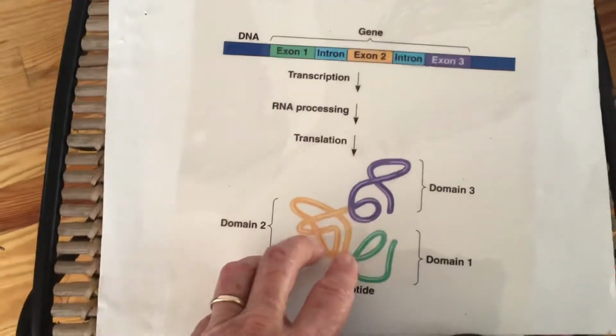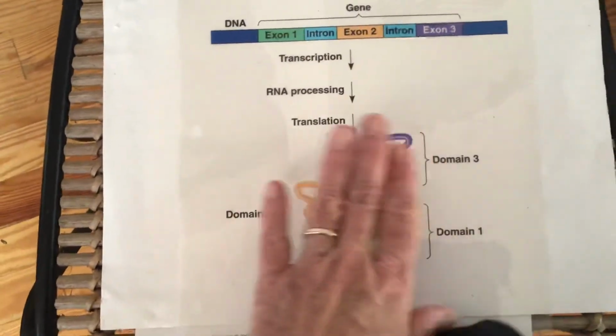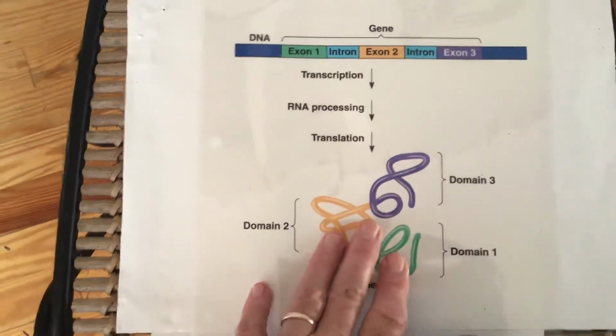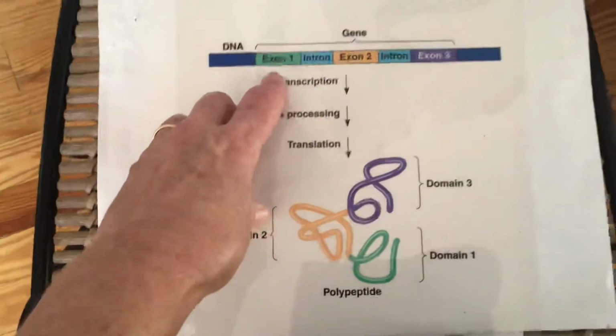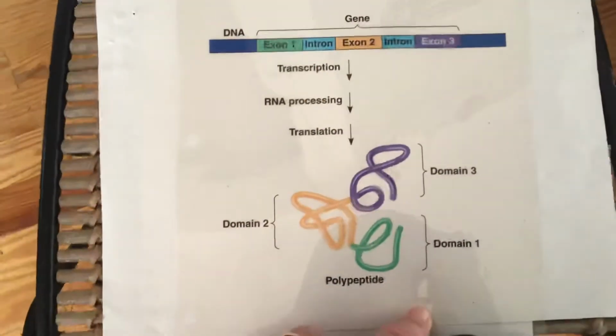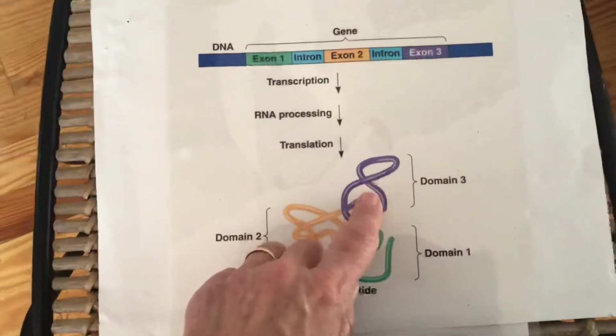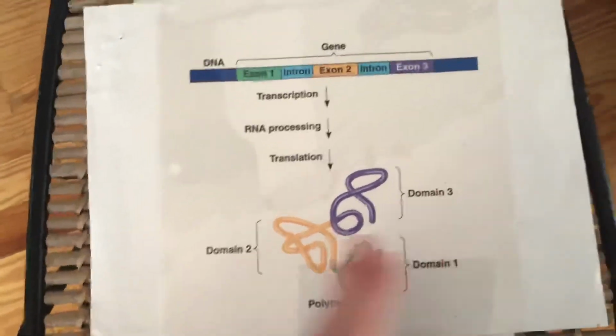The messenger RNA that we're actually going to use is going to include exon 1, which is green, exon 2, which is yellow, and exon 3, which is purple. It's going to include all those in one long line, which is my messenger RNA piece that I'm going to use for the process.